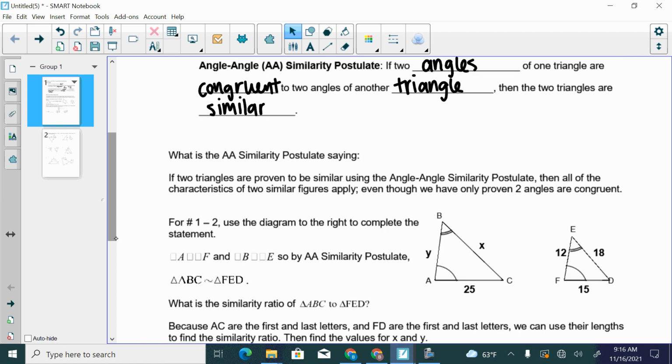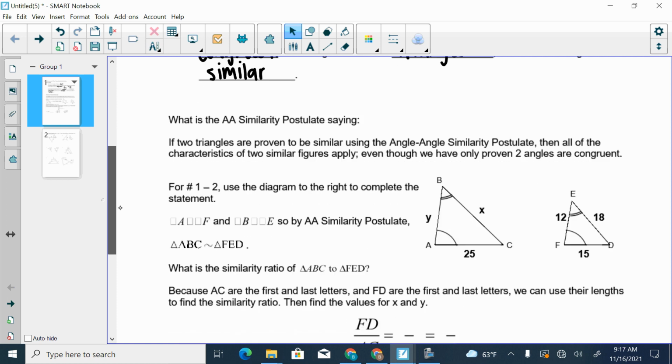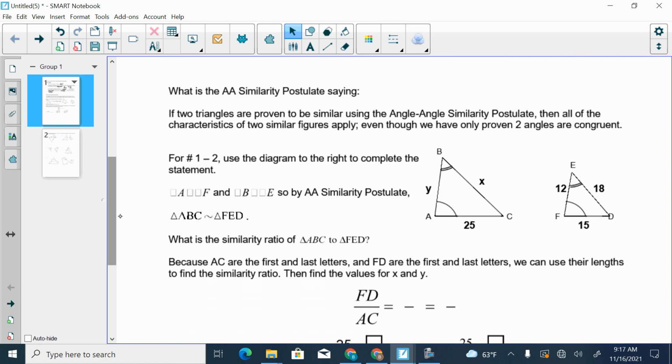Okay, so what this postulate is actually telling us is that if you've got two triangles that are proven to be similar using the angle-angle postulate, then all of the characteristics for two similar figures apply, even though we've only proven that two of the angles are congruent. So for example, on this figure here, we're using the diagram over here to the side.